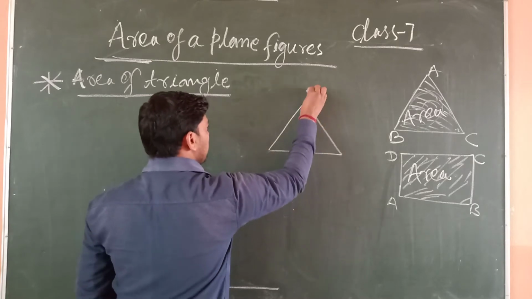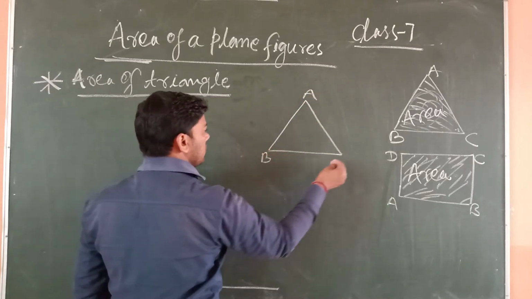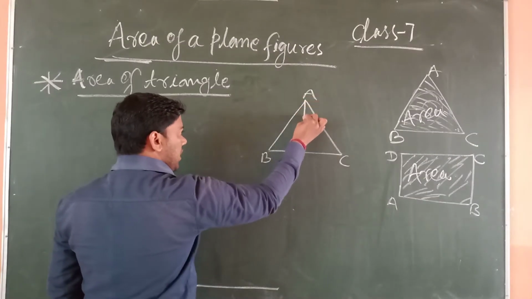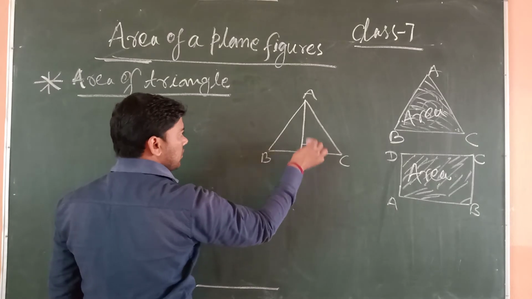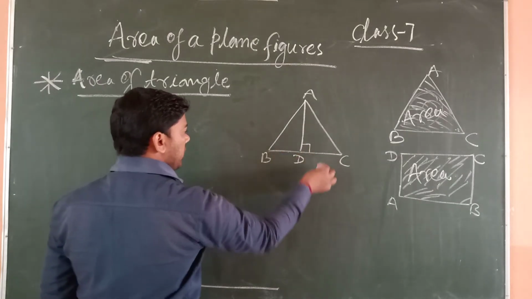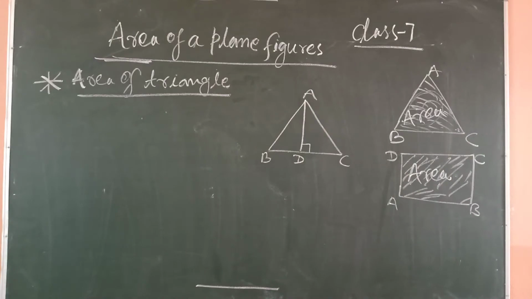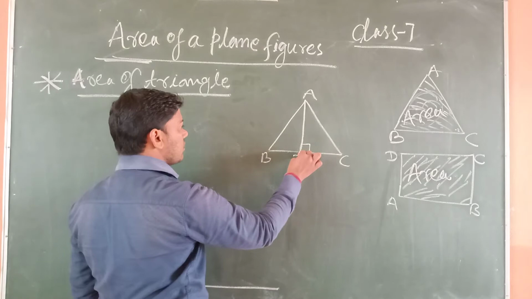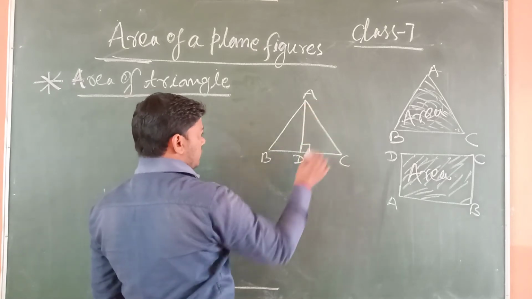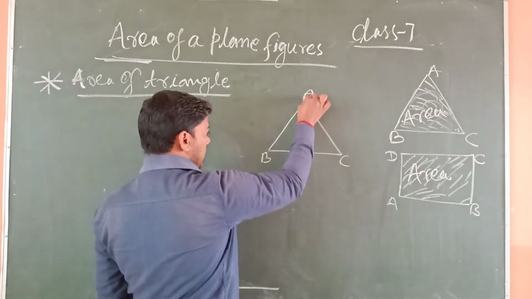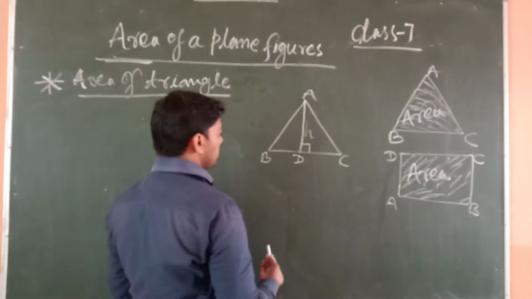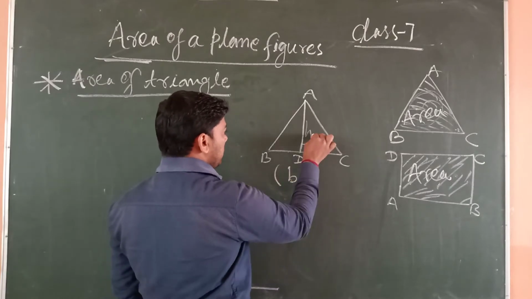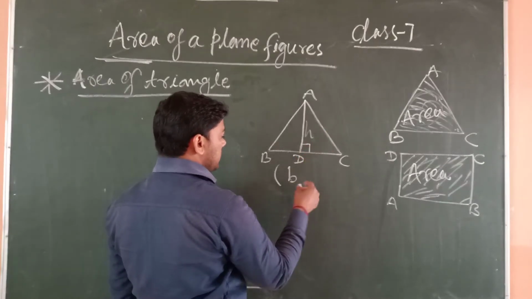Suppose triangle ABC is given, and AD is perpendicular to BC. Suppose the length of AD is H and the length of BC is B. H stands for height, B stands for base.